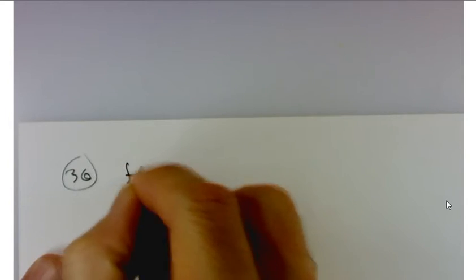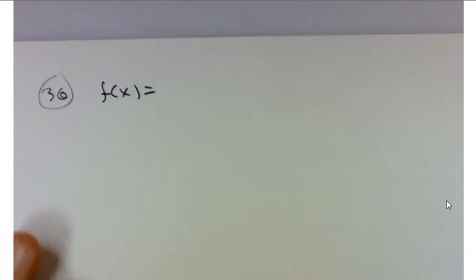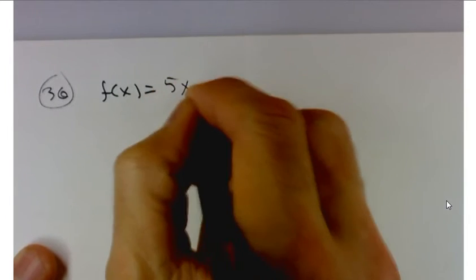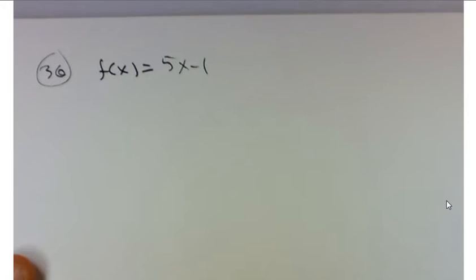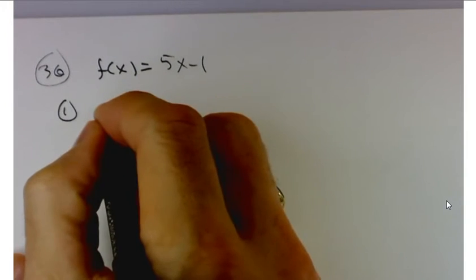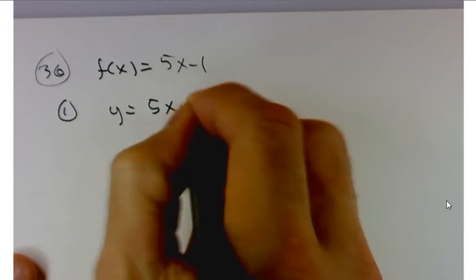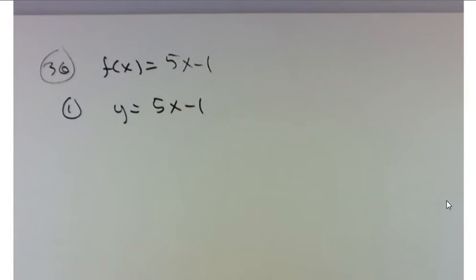But let's work on trying to find some inverse functions. So we'll start with problem number 36. This is section 11.2. So f of x equals 5x minus 1. The first step is to replace f of x by y. The second step is to do what?